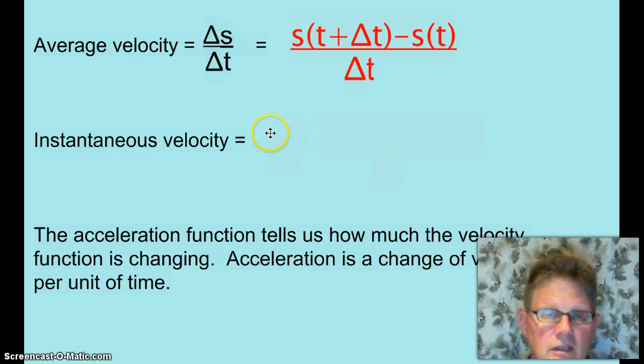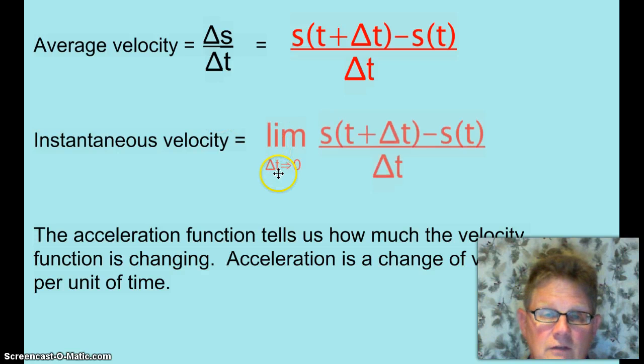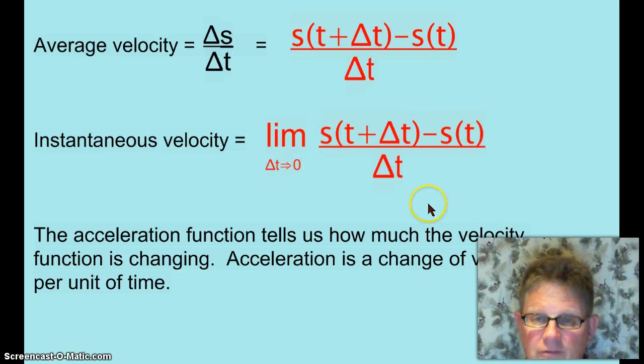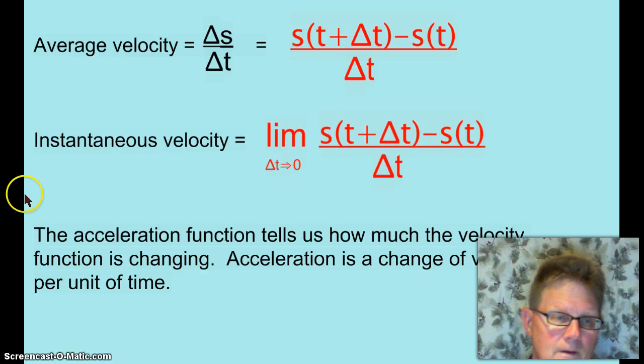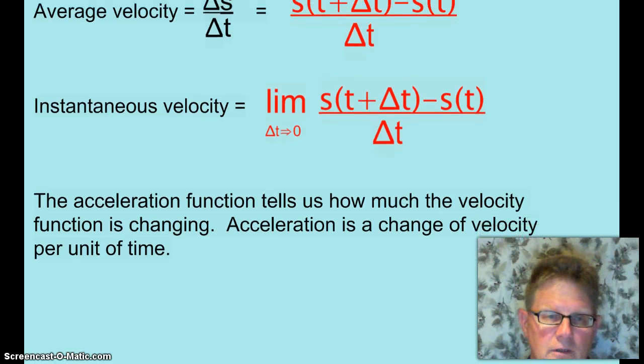Now, instantaneous velocity, that is the limit as delta t approaches 0 of the average velocity. Well, doesn't this look really similar to what we've already done? Sure. Alright, let's move on.